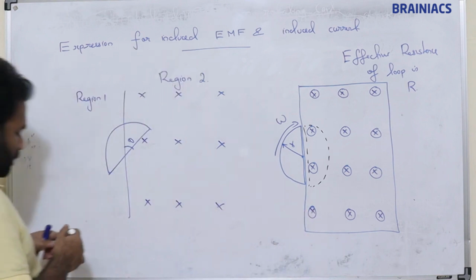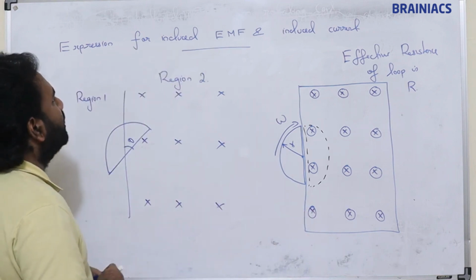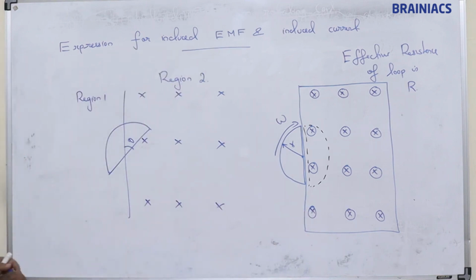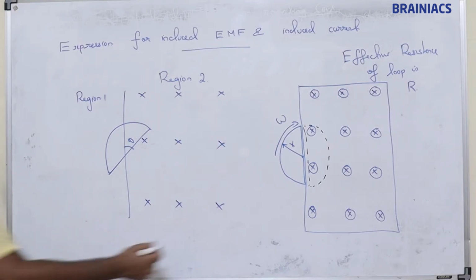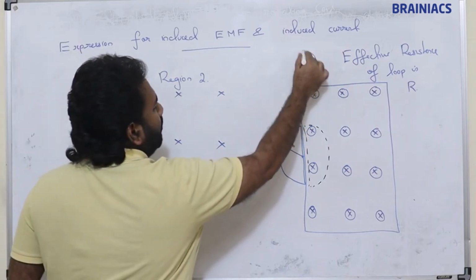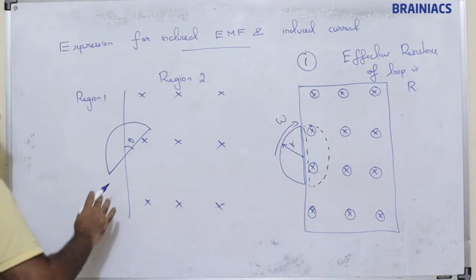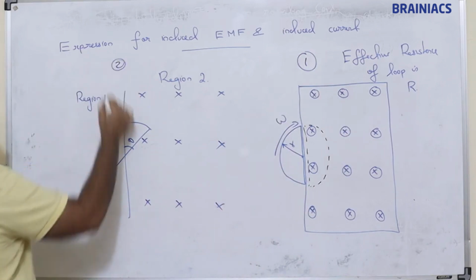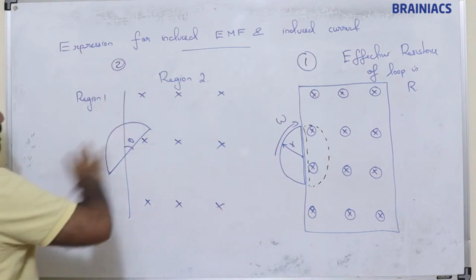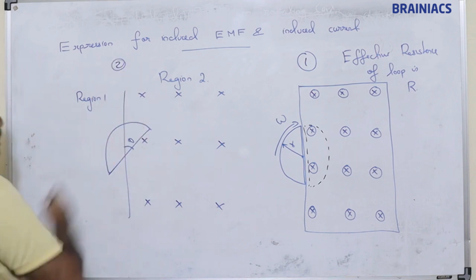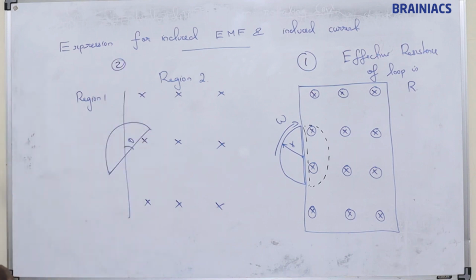So what will be the induced EMF and current? So this is figure 1. Now let us consider figure 2. Let us consider it is in this position, that is, it has gone a little inside, at an angle theta. So we can write E is equal to what?